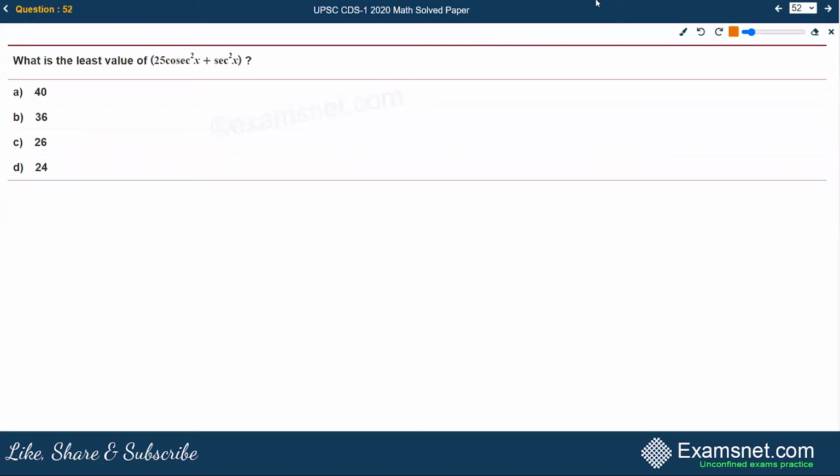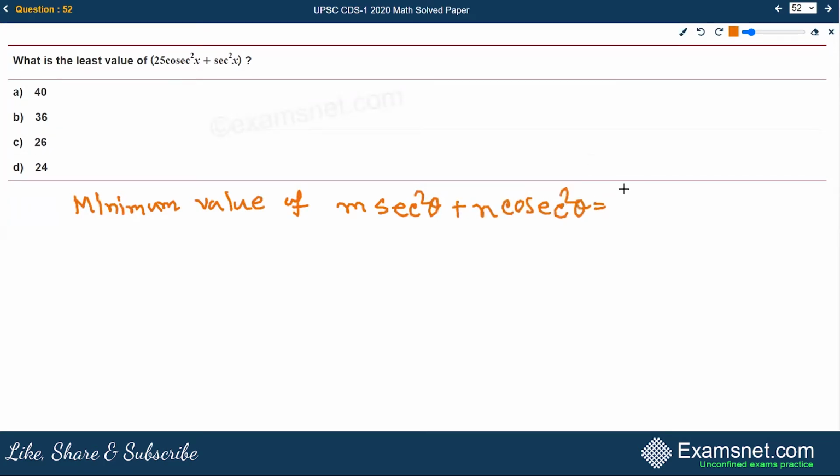In question number 52, we are given: what is the least value of 25 cosec square x plus sec square x? First of all, the concept you are going to use here: the minimum value of m sec square theta plus n cosec square theta is equal to root m plus root n, whole square.